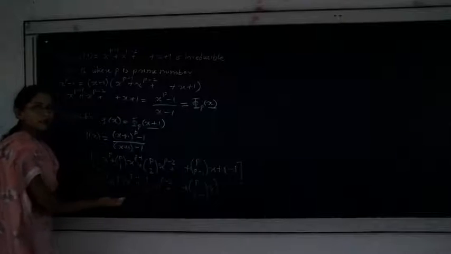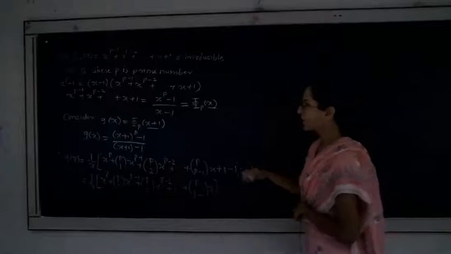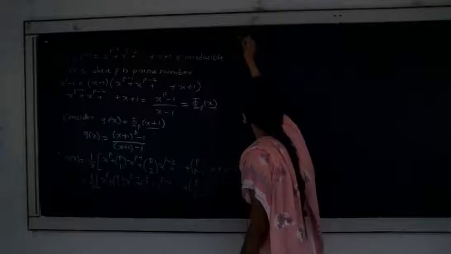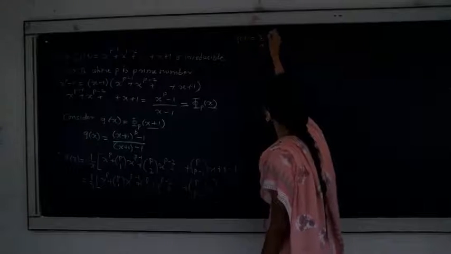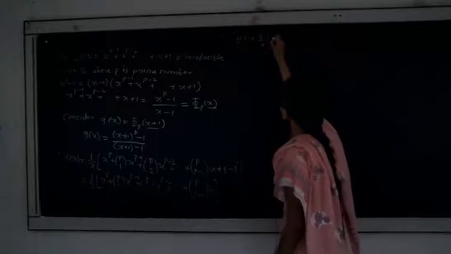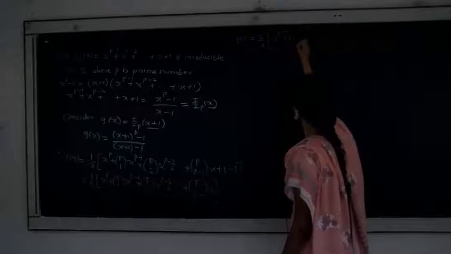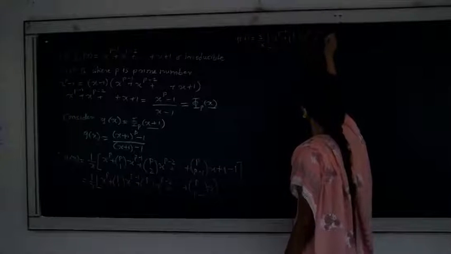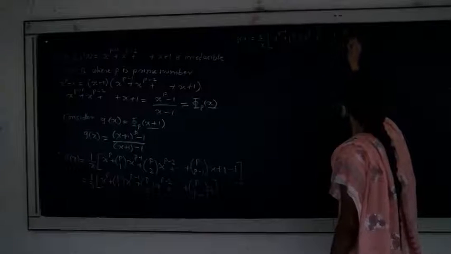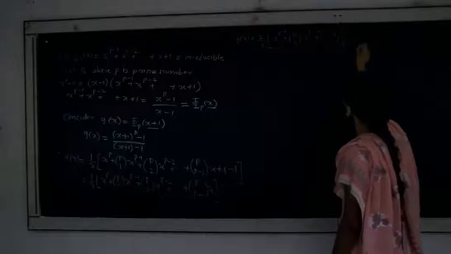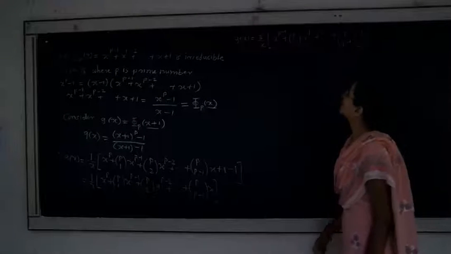We can take x as common from this square bracket, and the polynomial g of x changes to g of x is equal to x is common, so the polynomial is x raised to p minus 1 plus p choose 1 into x raised to p minus 2 plus and so on, the last term is p choose p minus 1 into 1. Now this x cancelled with the x in the numerator.